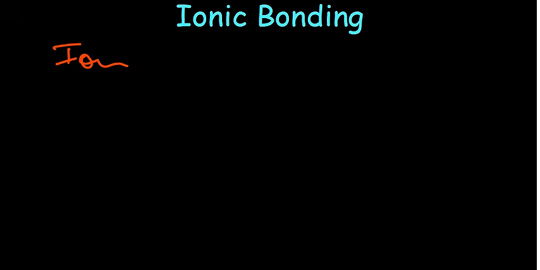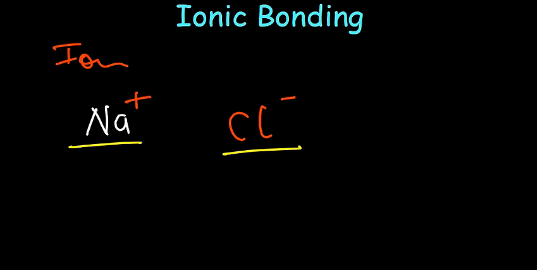Okay, so for example, if you look at sodium plus and then chloride minus, this is a cation which has lost an electron by virtue of it having a positive charge. A chloride has gained an extra electron. So these are ions.